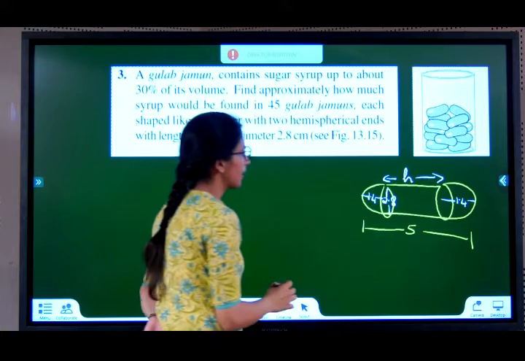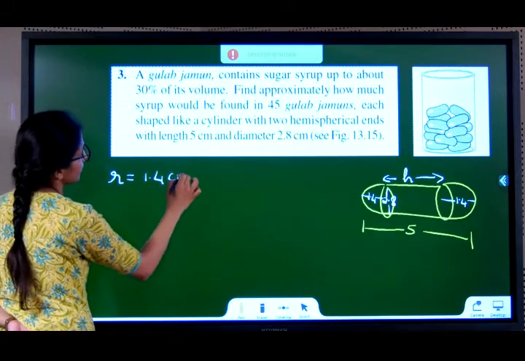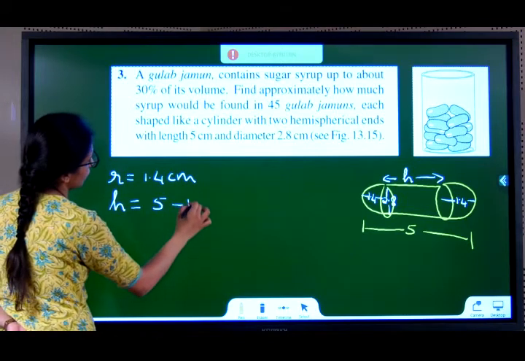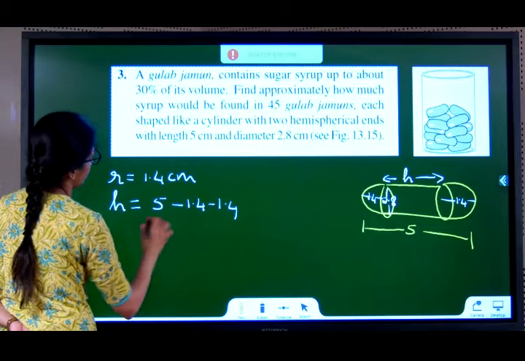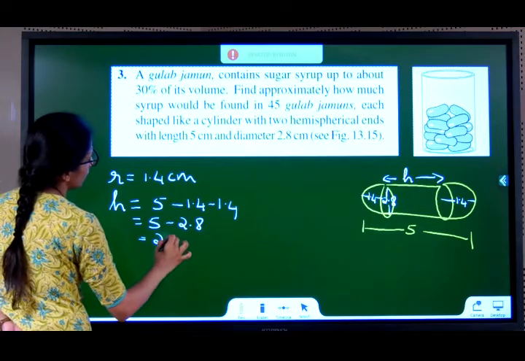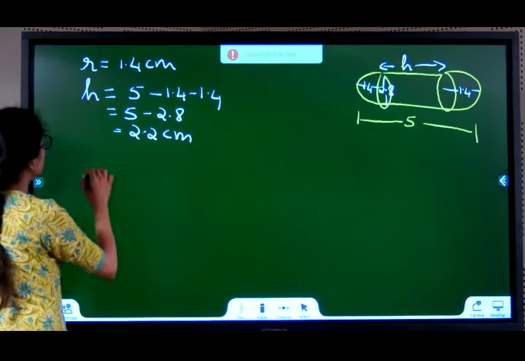You can say R is equal to 1.4 centimeters. Height of cylinder is equal to 5 minus 1.4 minus 1.4, 5 minus 2.8, 2.2 centimeters.